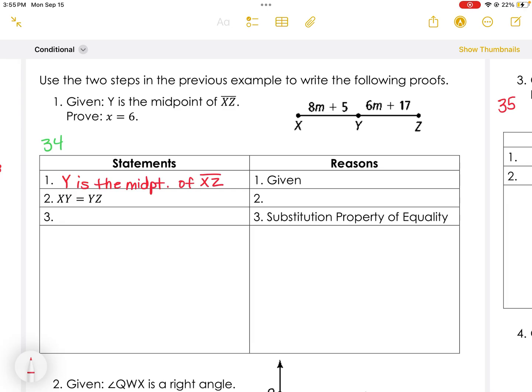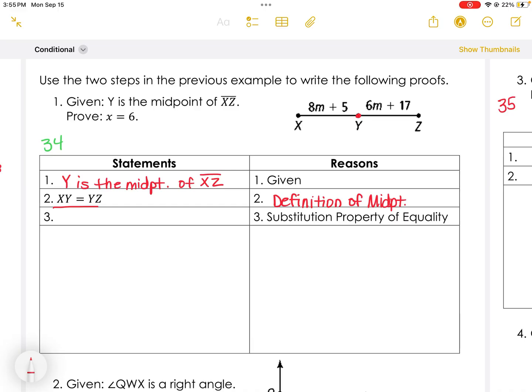Have a nice picture there for us. Okay, so if Y is the midpoint, then I know that these two segments, XY and YZ, are equal to each other, and that would be because of the definition of midpoint. Okay, definition of midpoint.